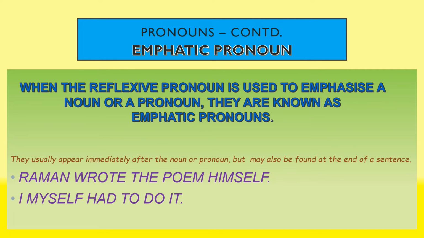But don't get misled by that. Understand the work of an emphatic pronoun. What does it do? It emphasizes the noun or the pronoun. Raman wrote the poem himself. I myself had to do it. In both these cases, it is emphasizing the fact that the subject or the doer has done the work without any help.